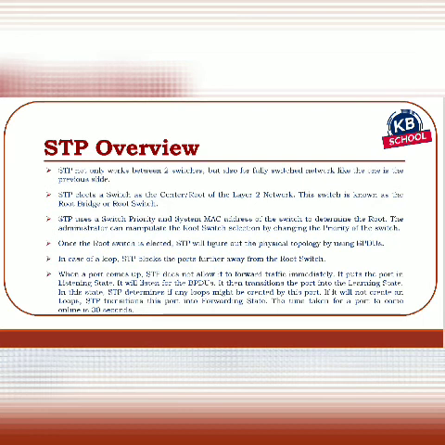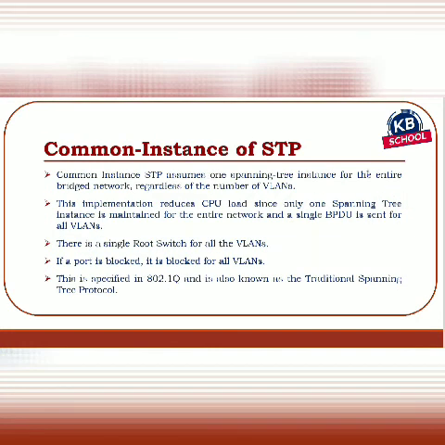Now that we know what STP does, let's take a look at the different flavors of STP that we have gone through to get to the stage that we are at right now. The first form of STP was called the common instance of STP, or CSTP. All right, what is this?